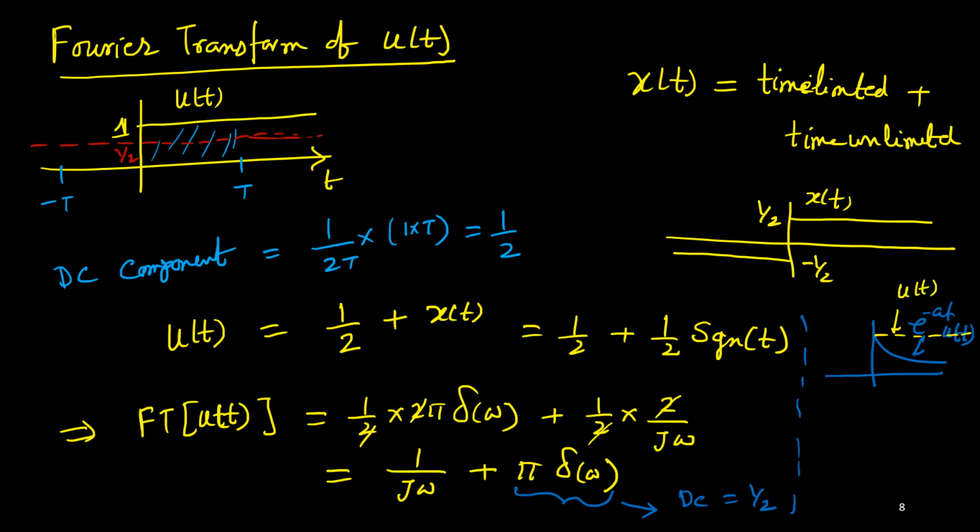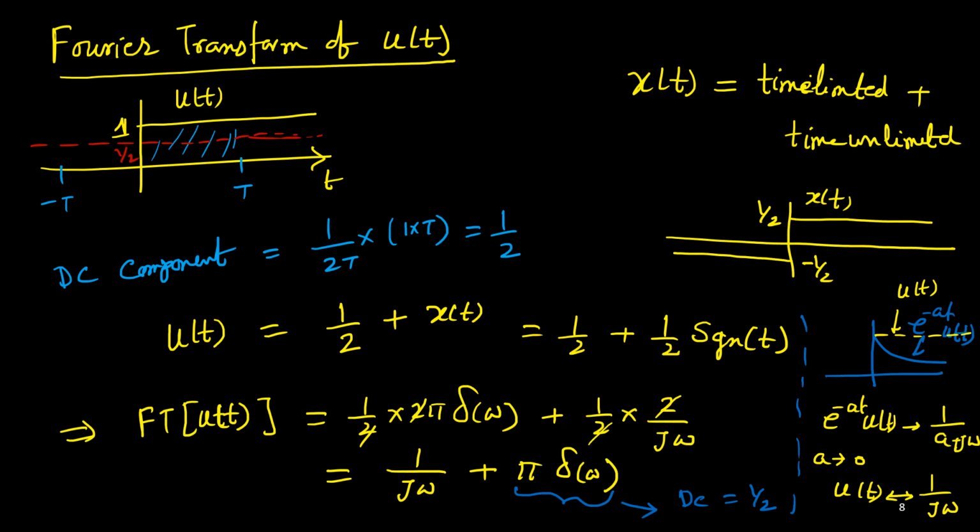Okay, so, but you see the Laplace transform of e to the power minus a t ut, its Laplace is 1 upon a plus j omega. Now if I put a tends to 0 on both sides, then you will get this is ut, then this will give you 1 upon only j omega. But this term pi del omega is missing. This is because we have not taken care its DC component.